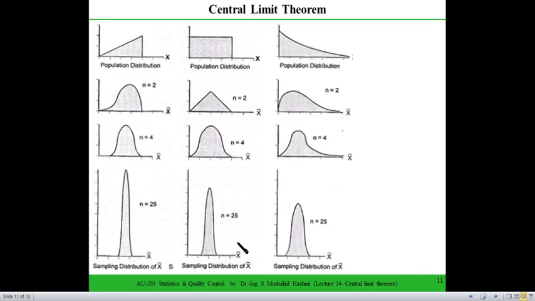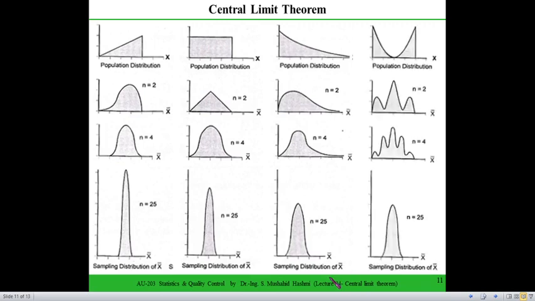If your population distribution is rectangular, then for different sample sizes, you can see the resulting distribution becomes a normal distribution. And very interestingly, even if you have a population distribution with two modal values and the sample size is 2, the resulting distribution looks like this.